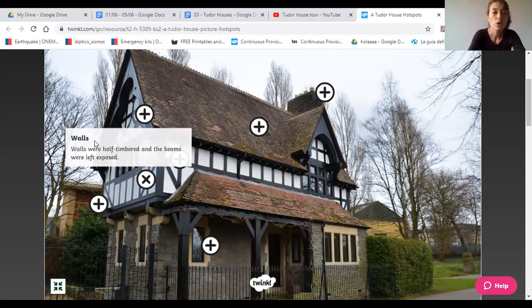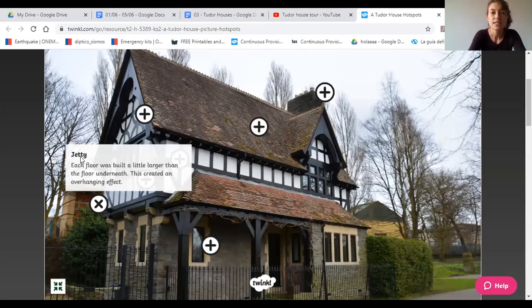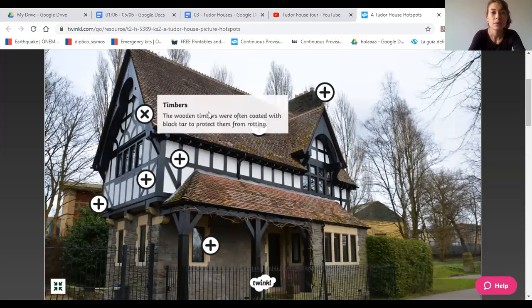Here are the walls. They used this wooden frame to build the walls of the house. This one is the jetty. In the jetty, we know that the second floor was a bit larger than the first floor. And here we have the timbers with this black coat to avoid rotting.